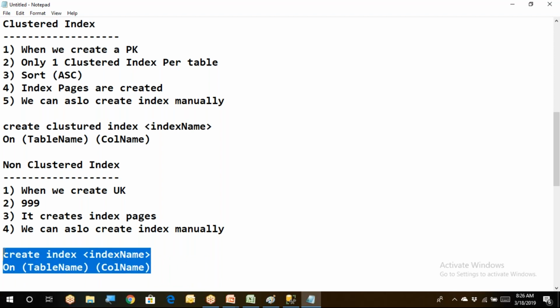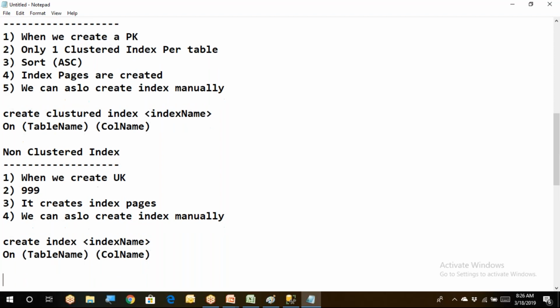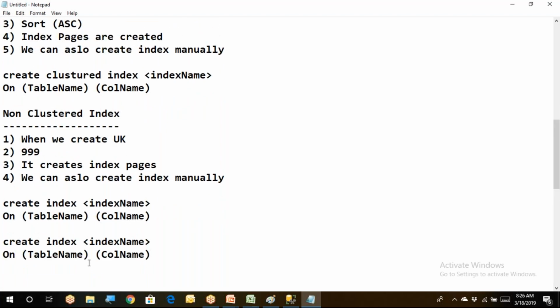For example, I would like to create it on the employee table. I am not creating any primary key or unique key. The index name is, let us say, index1, the table name is employee, and the column name is city. That's it. It is going to create an index on this column.